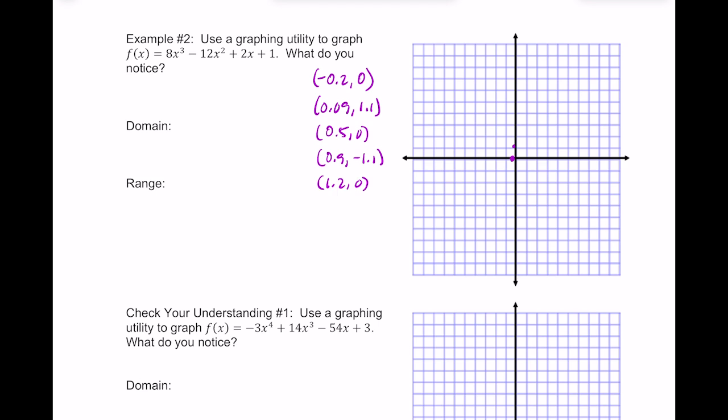And actually on the other side, because it's positive, so it's going to go like maybe right about there. And then we've got 0.5 and 0, and then 0.9 and negative 1.1. And then we have 1.20.